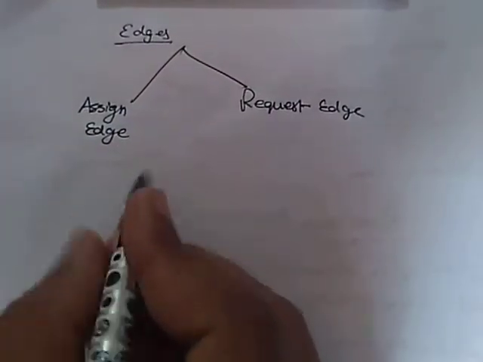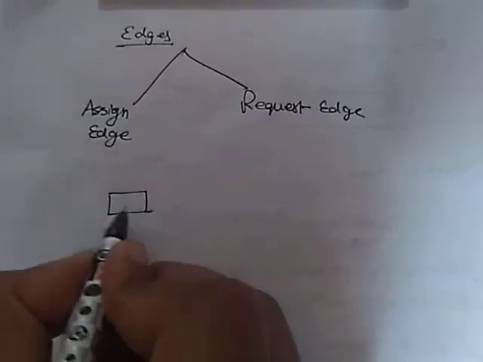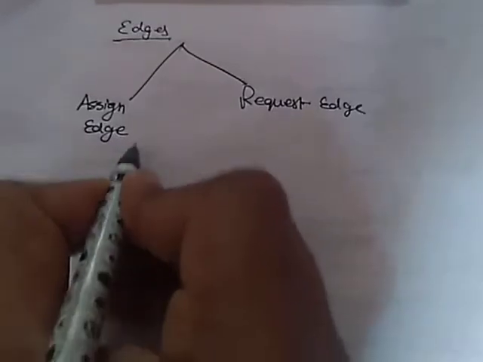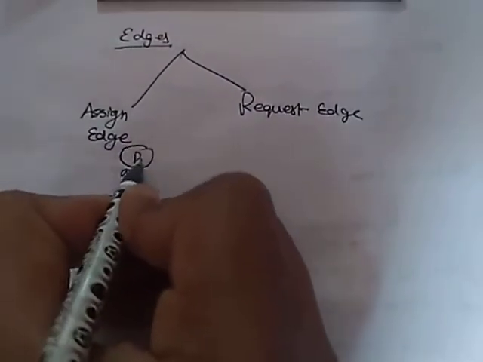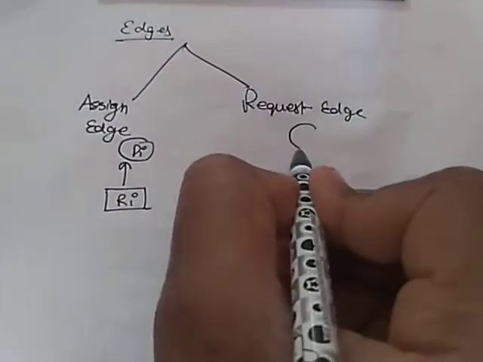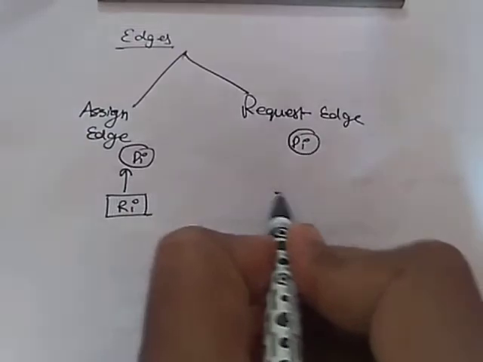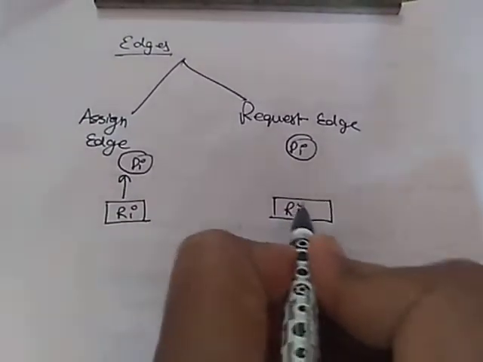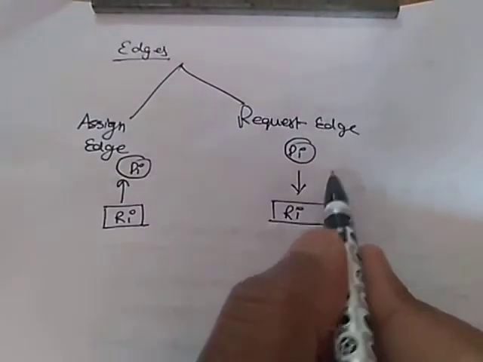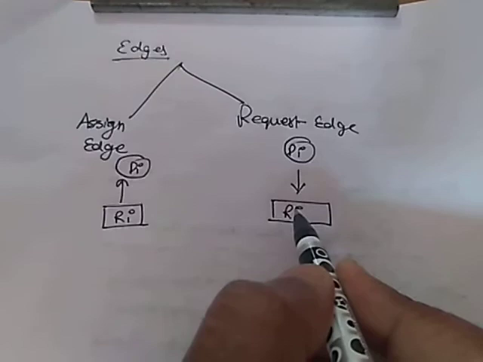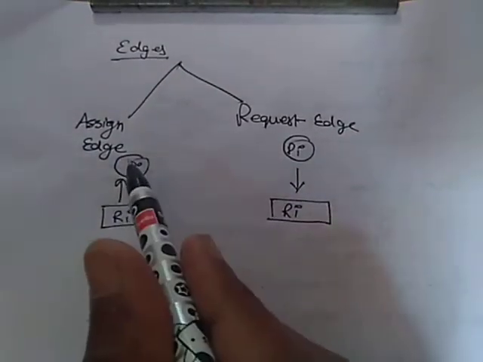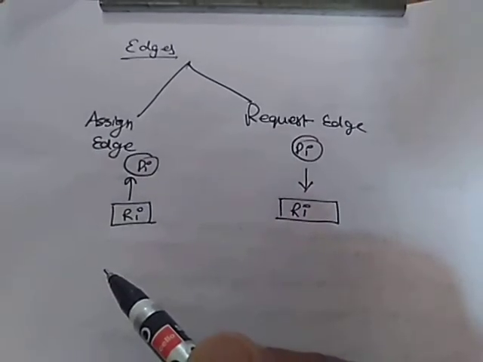In the assign edge, we have a resource, then it is allocated to a process Pi. In a request, the process Pi tend towards the resource. Now, when the arrow is from process to resource, it is a request edge, and when the arrow is from resource to process, then it is a assign edge.